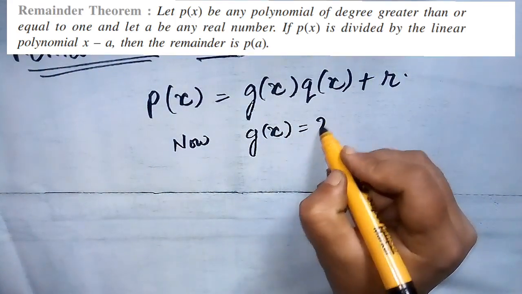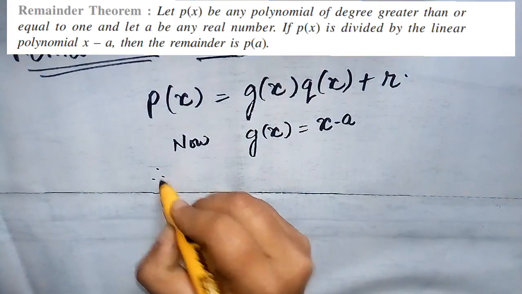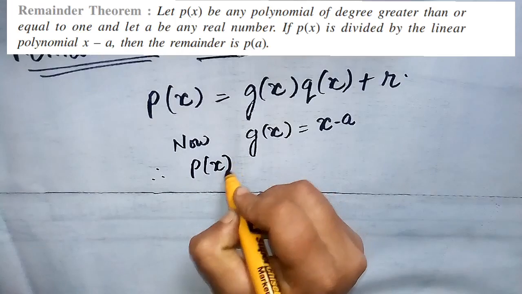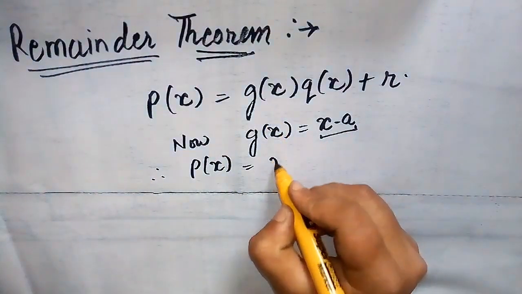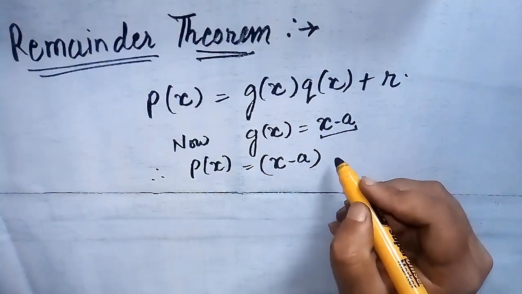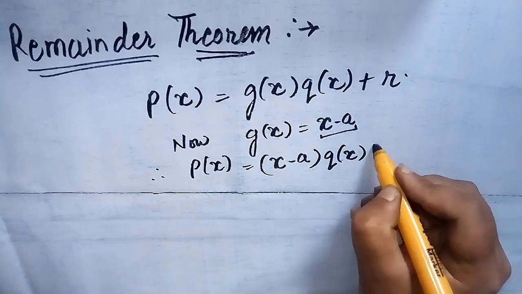So divisor, that is g(x), will be equal to x minus a. Therefore p(x) will become, replace g(x) by x minus a, so x minus a whole into q(x) as it is plus r.